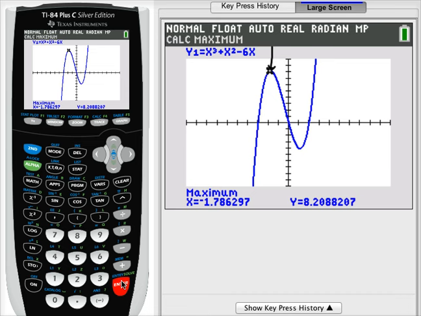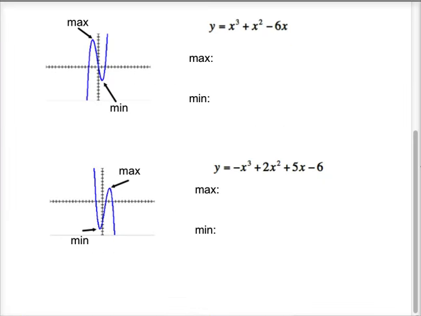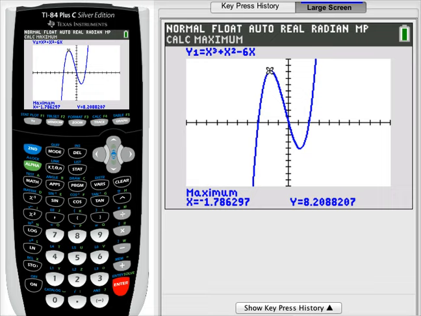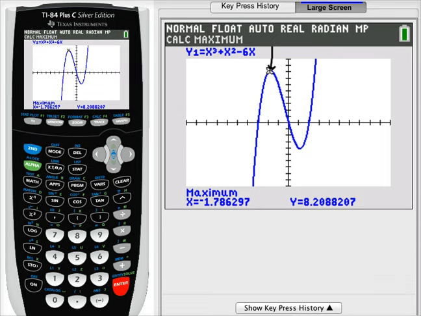So I'm getting a value of negative 1.79. So the max is negative 1.79, comma, and it's telling me the y value is 8.21.